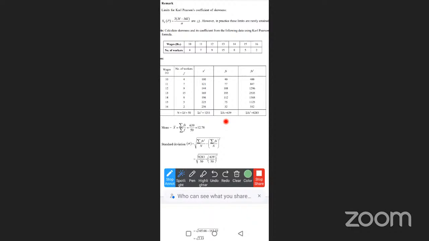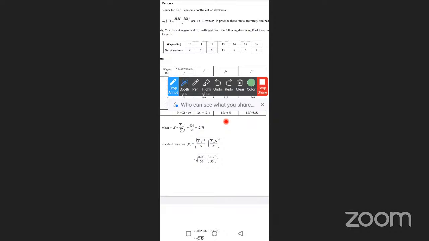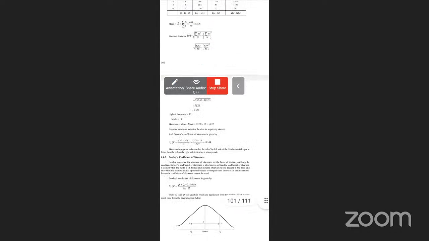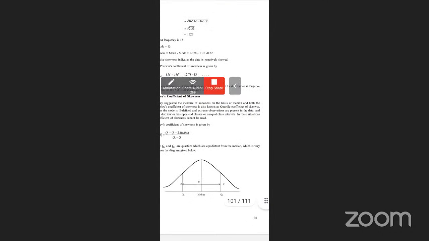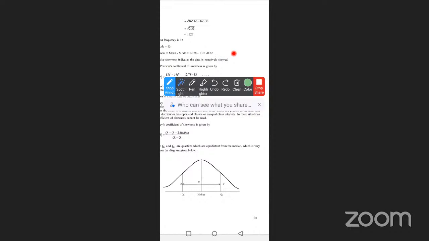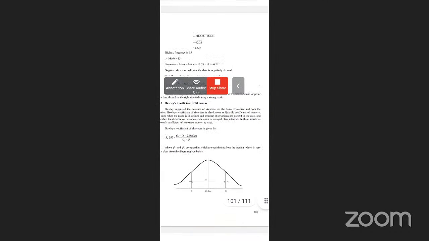For the standard deviation, sigma is equal to under root of sigma fx square by n minus sigma fx by n whole square. Substitute in this formula and you should get the sigma value, that is 1.527.